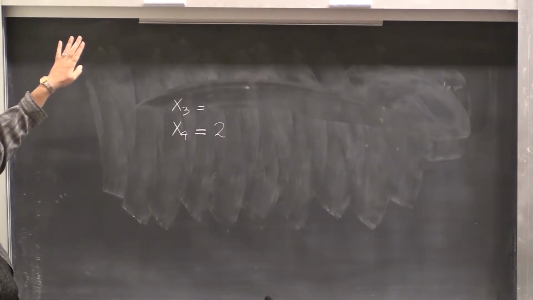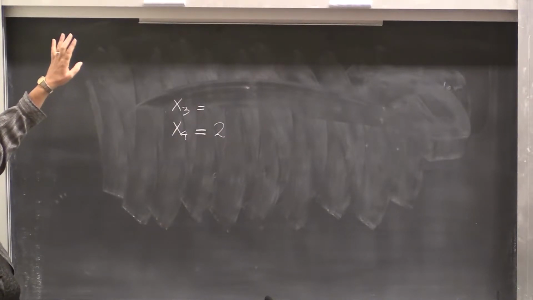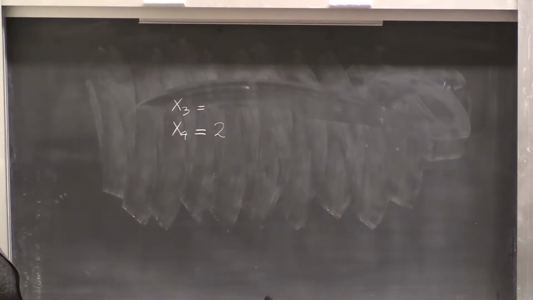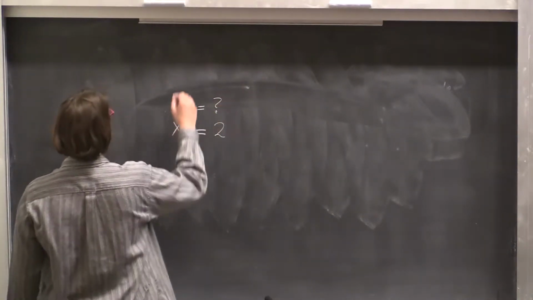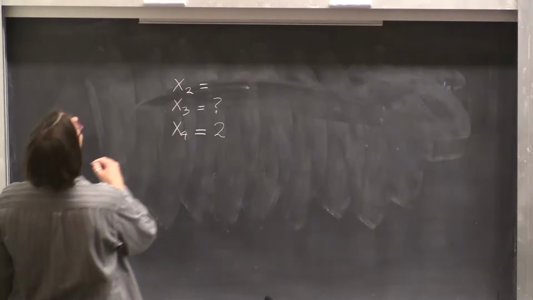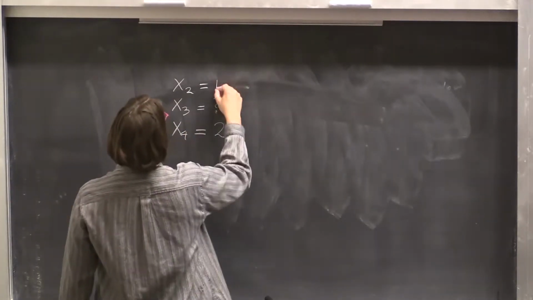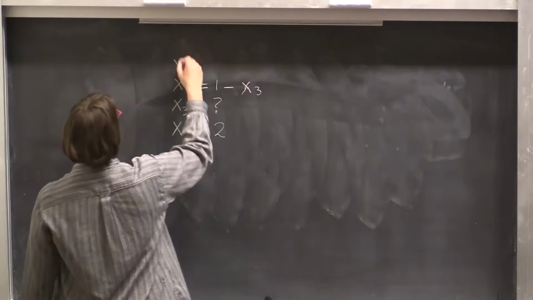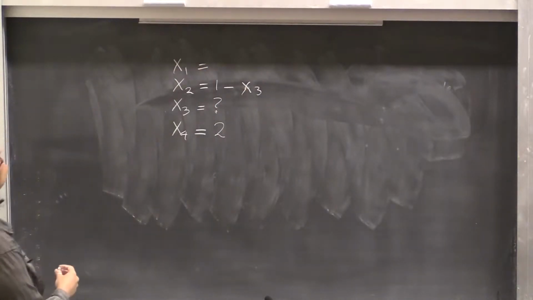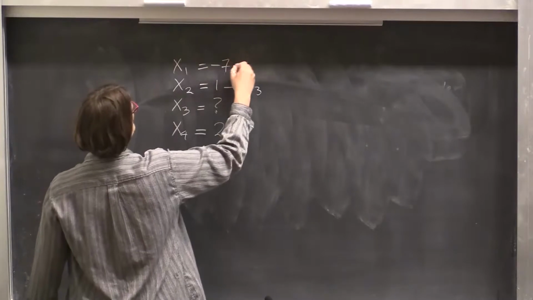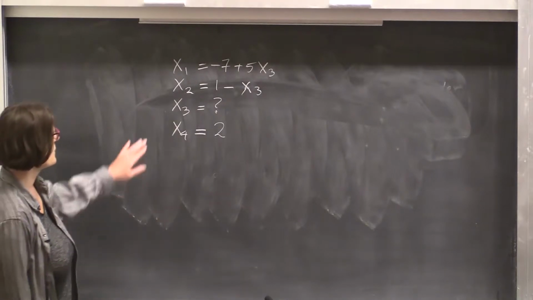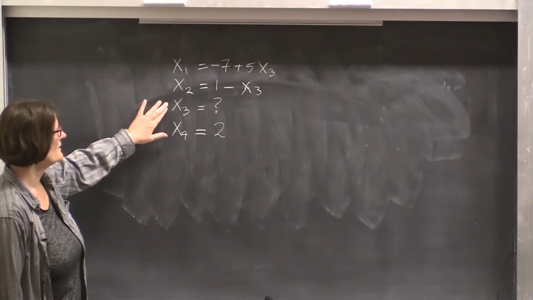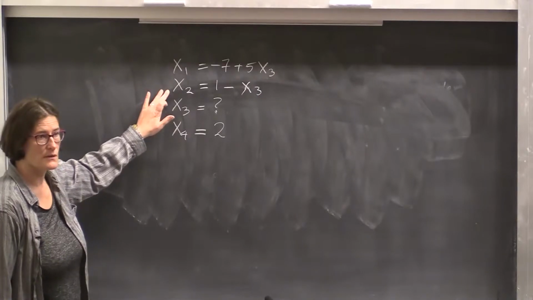So equation 2 will determine x2 in terms of x3, and equation 1 will determine x1 in terms of x3. So x3, we don't know. On the other hand, x2, we know for sure is 1 minus x3. And x1, we know for sure is minus 7 plus 5x3.